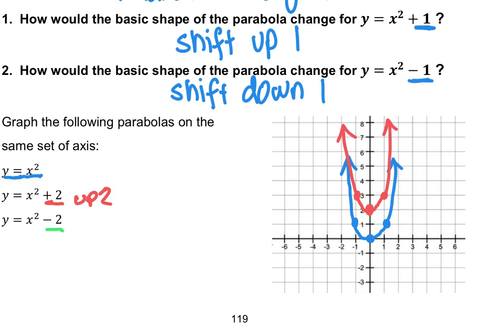And last one, we have this minus 2. What does minus 2 tell us to do? Yes, down 2. So let's move our vertex. Starting at 0, 0, we go down 2. And then we can put our second points. So remember, a parabola, you must have at least 3 points graphed in order to draw the whole graph.